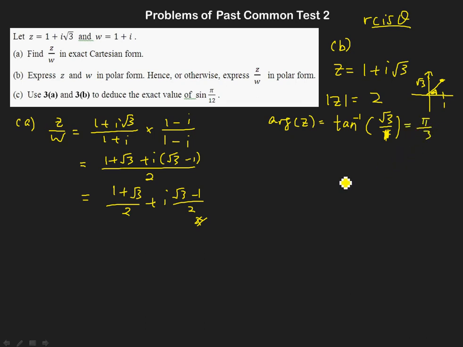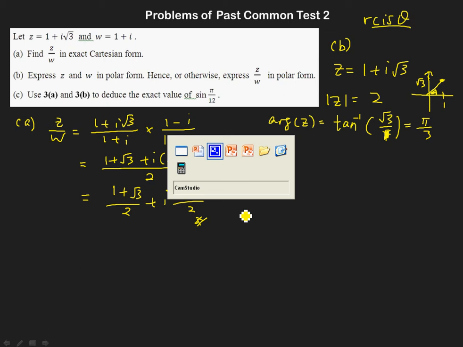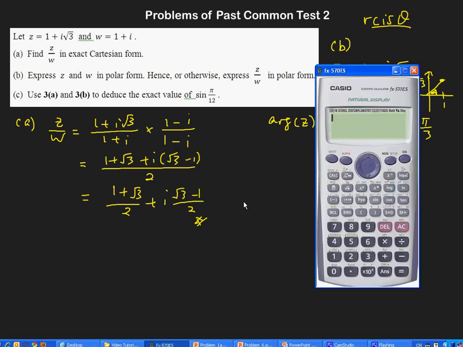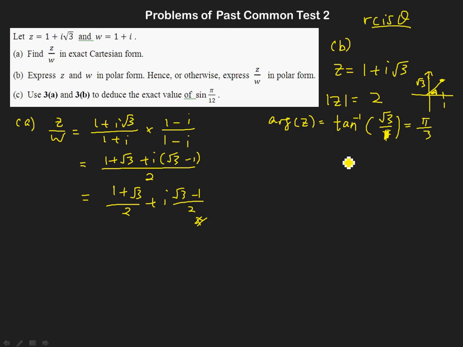You can check with calculator, inverse tangent of root 3 over 1. Okay, so 60 degrees, so pi over 3. So back to here, therefore we know that Z is 2 cis pi over 3, right?